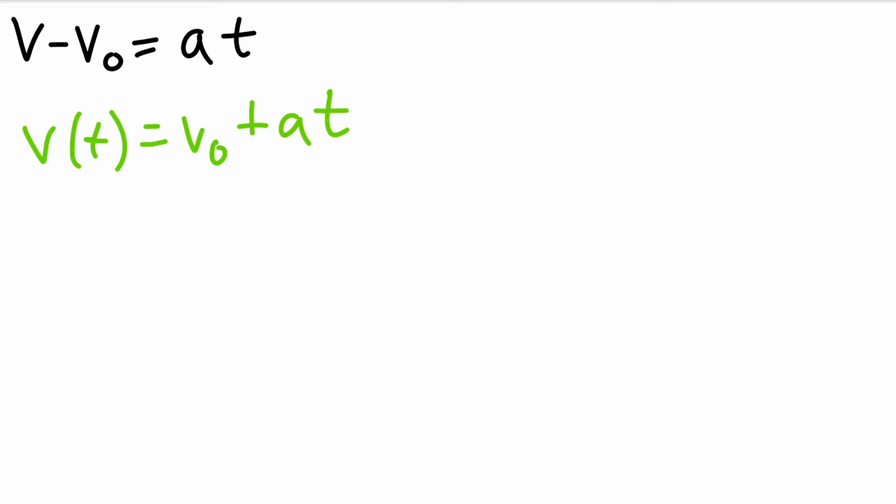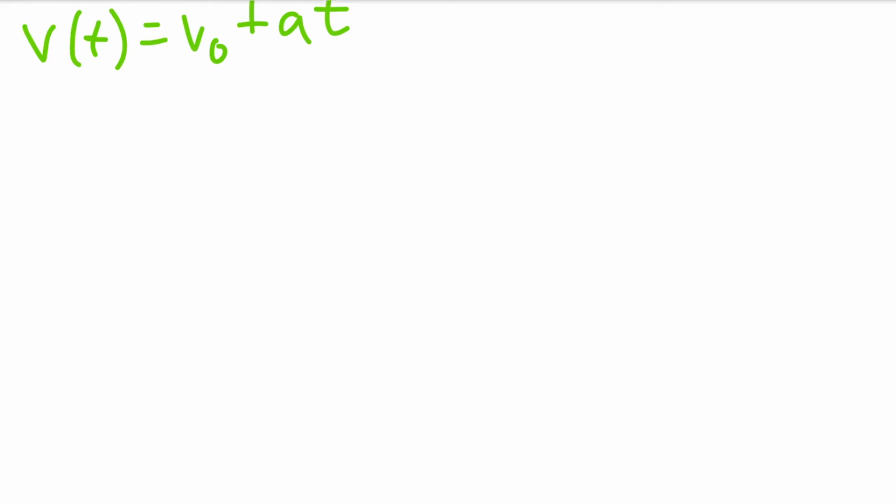So we're going to take this a step further. What if we want an equation that relates position to time? So what we can do again is rewrite velocity. Velocity is the instantaneous rate of change of position, the derivative of position with respect to time.